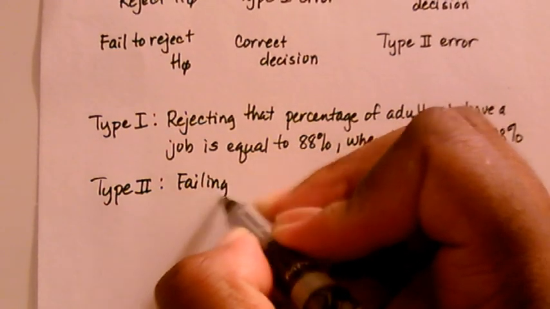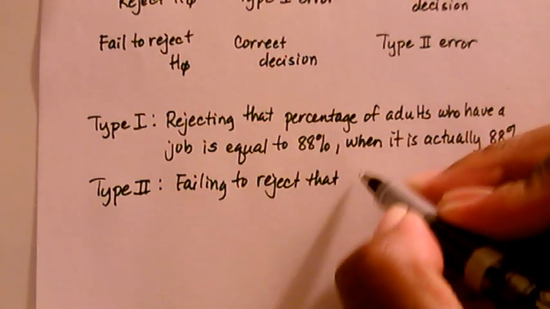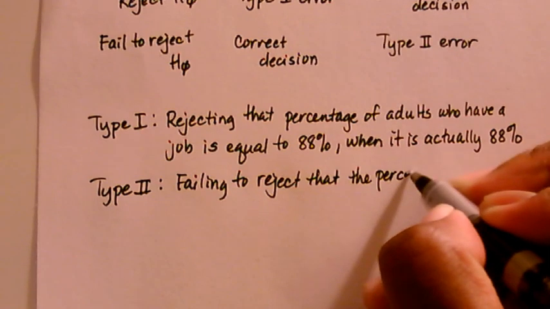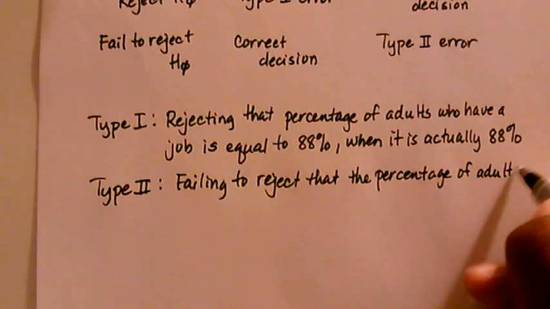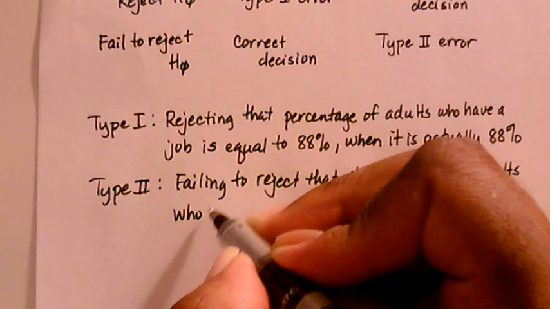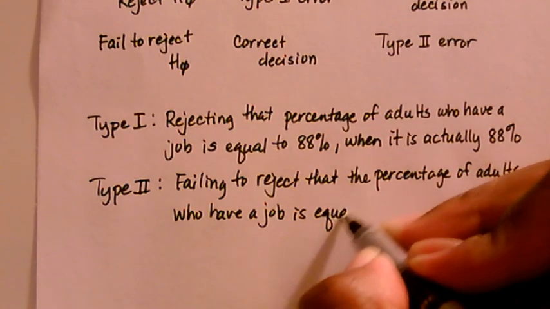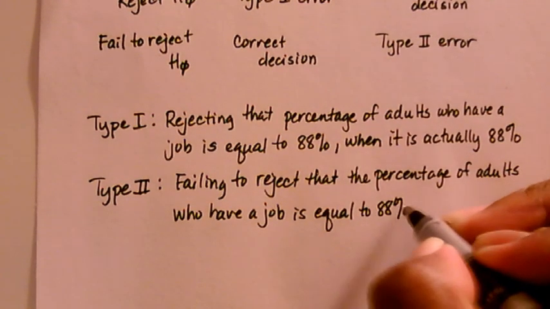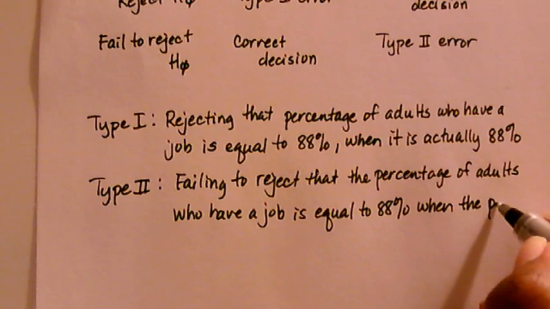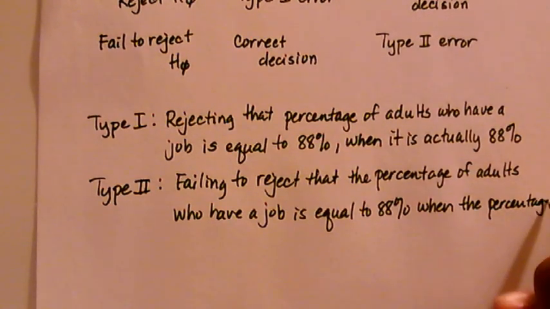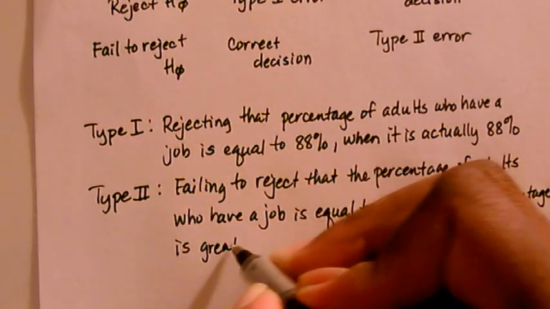And that's failing to reject that the percentage of adults who have a job is equal to 88%, when in fact the percentage is greater than 88%.